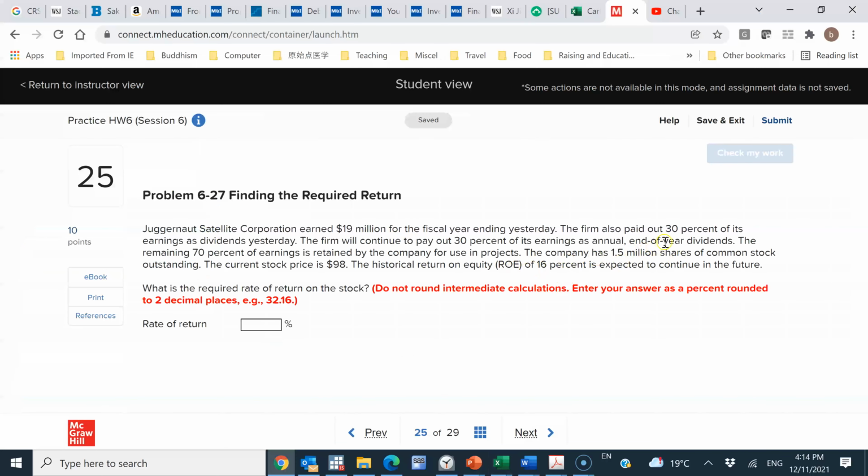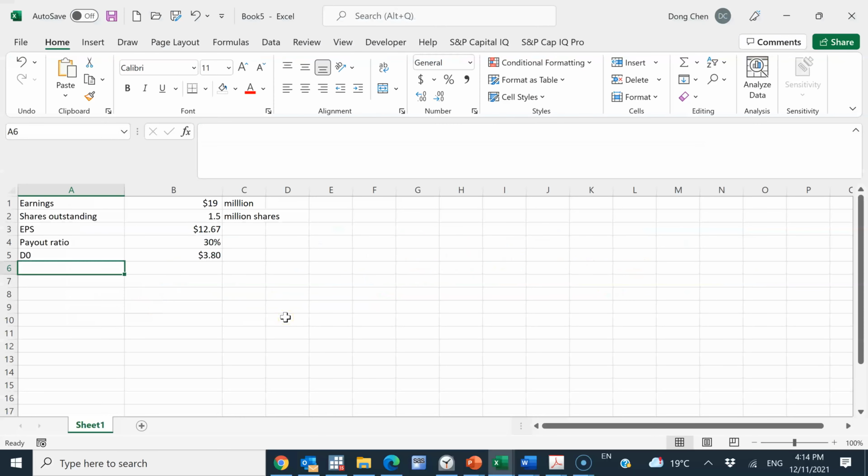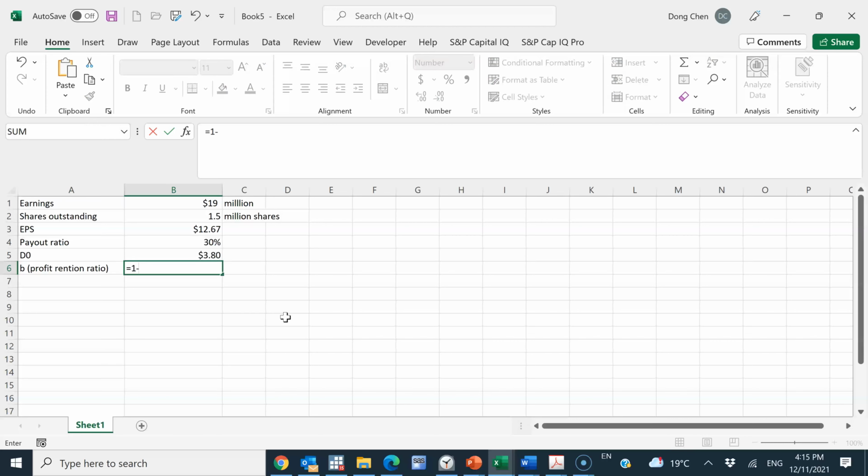And then just double check this is 30%, yes. And then the other information I will need, from that I can calculate this as small b, which is the profit retention ratio. This ratio will be used to calculate the growth rate of dividend later. So this is simply 1 minus the dividend payout ratio. And then I do want this to be in percentage format.